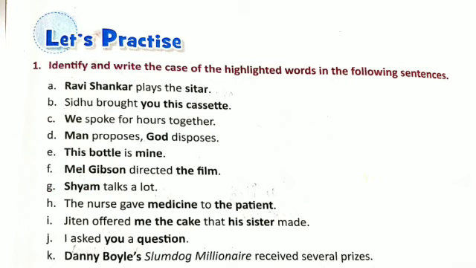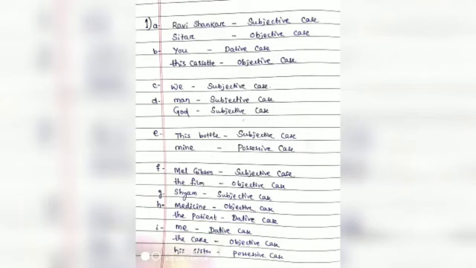So now we will practice the questions. Let's practice. There are two questions. First one is identify and answer the case of the highlighted words in the sentences. Okay, so for that, the first answer is Ravi Shankar, that is the subjective case.